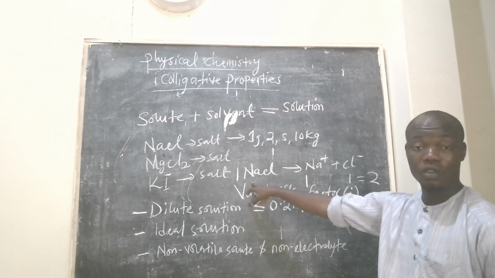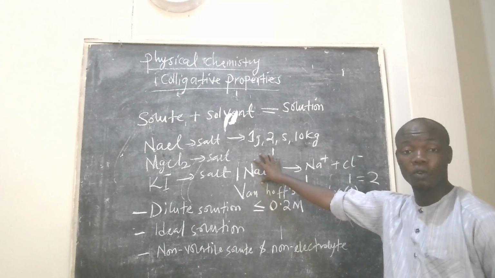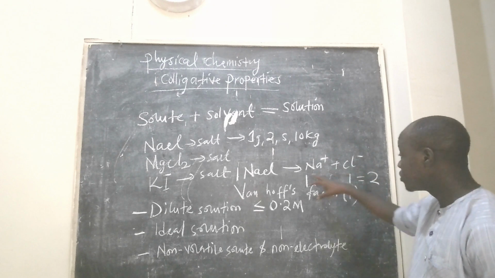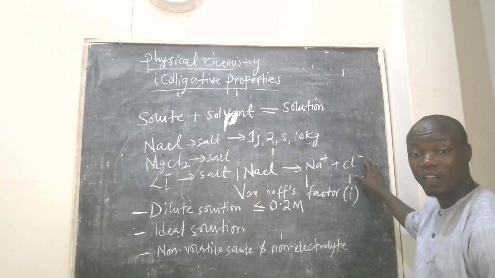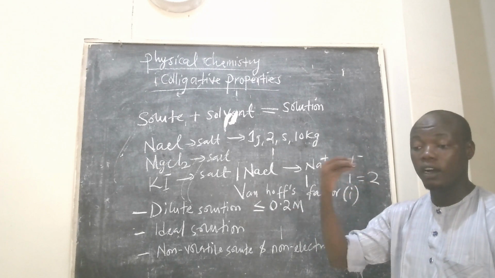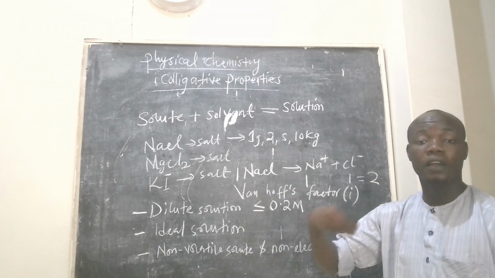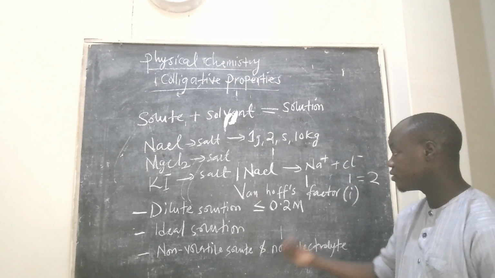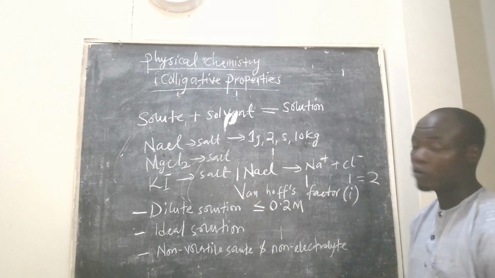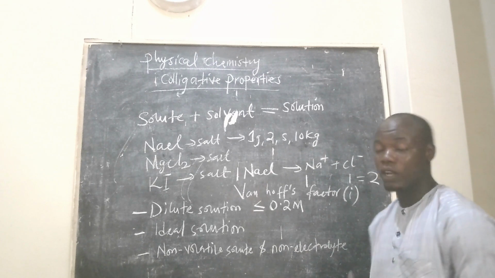Like in this case, we have 1 molecule of sodium chloride and it now dissociates to produce sodium ion and chloride ion. And this increase in the number of solute particles after dissociation is represented with what we call Van Hoff's factor.